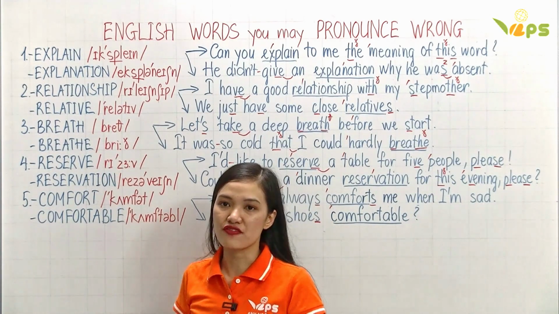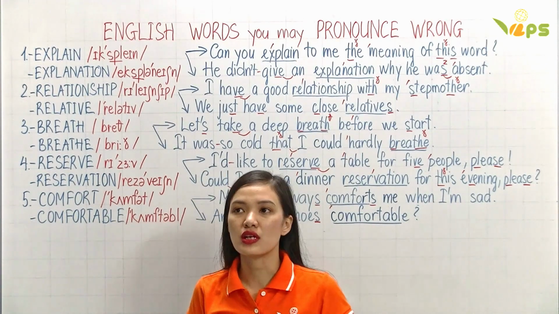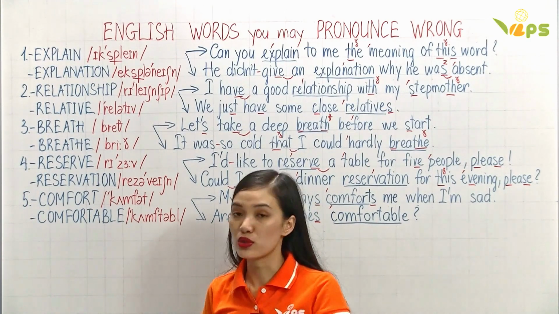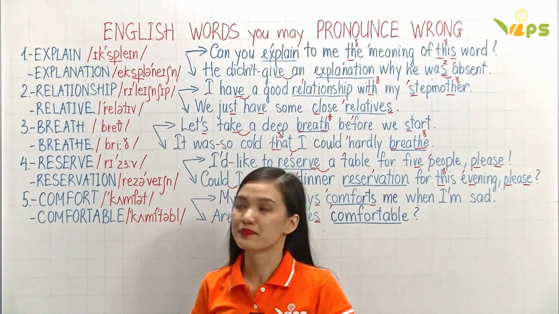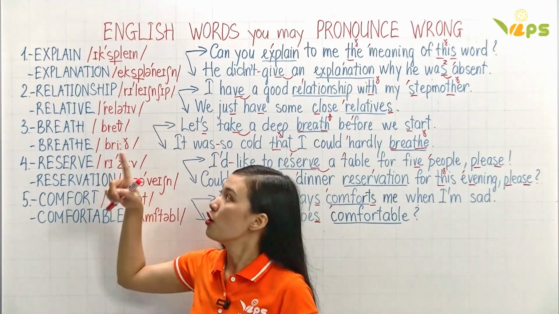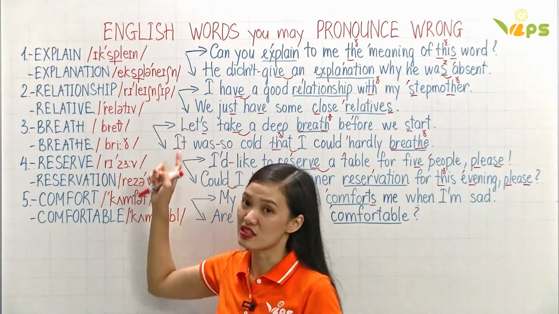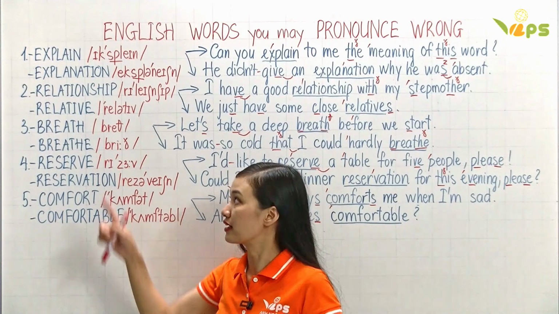If a person is your relative, that means that person is in the same family with you, like your uncle, your aunt, your cousin, they are your relatives. So remember, relationship, but relative. Don't say relative, okay? It's not correct.